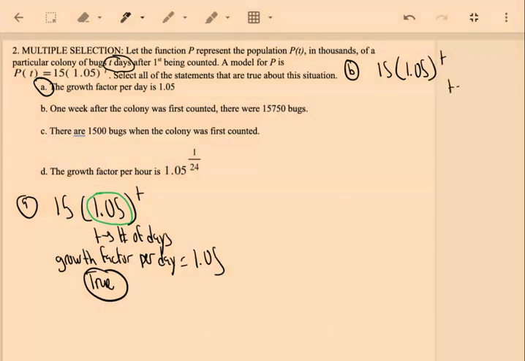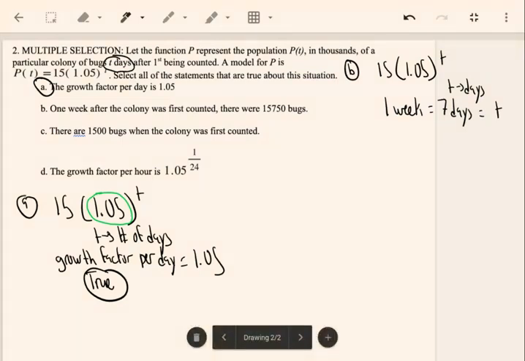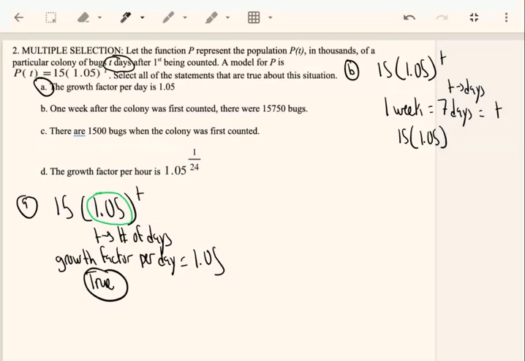Remember again, t means days. So 1 week is the same as 7 days, which means I need to plug in 7 for, not for x, but for t. So I need to figure out what 15 times 1.05 to the power of 7 is.